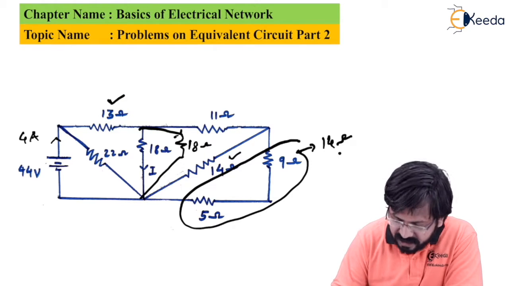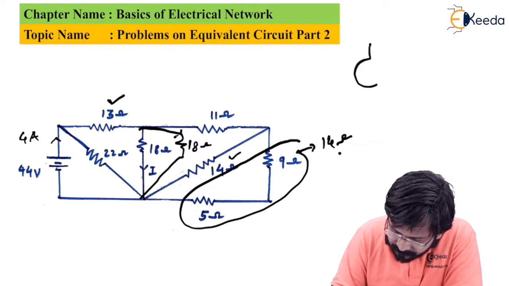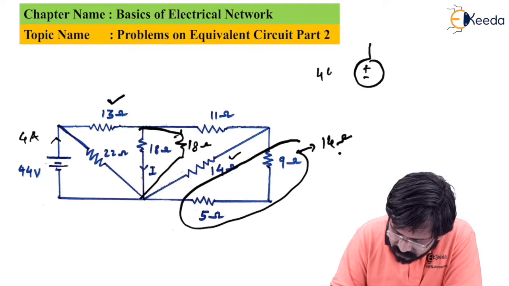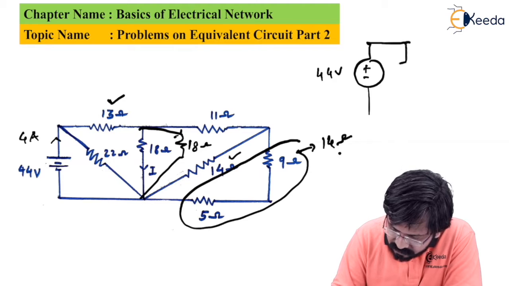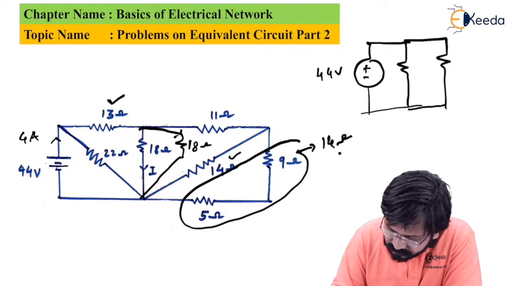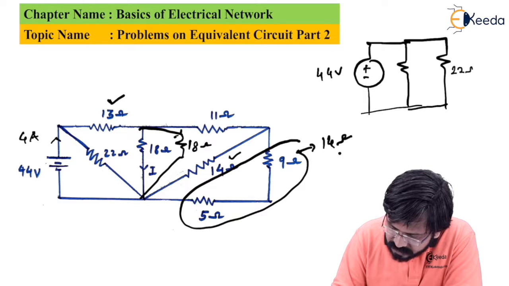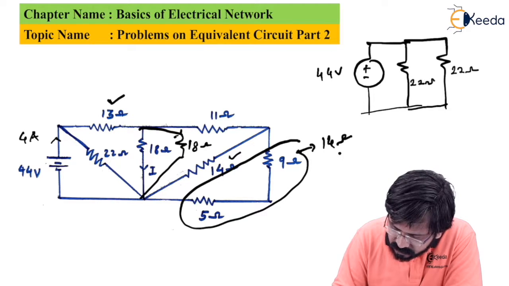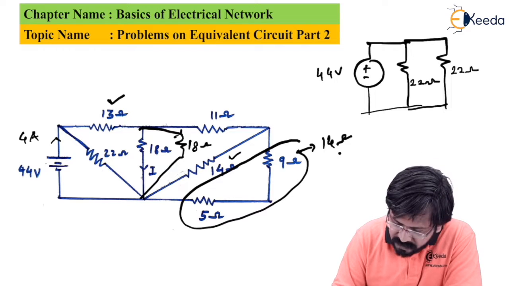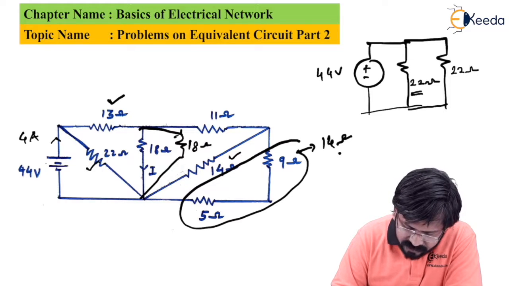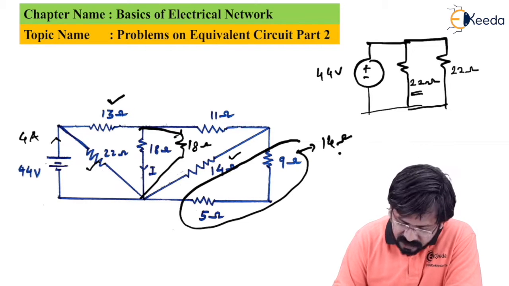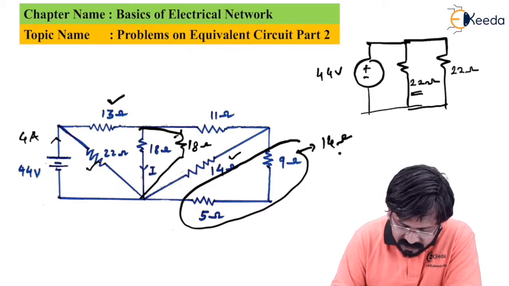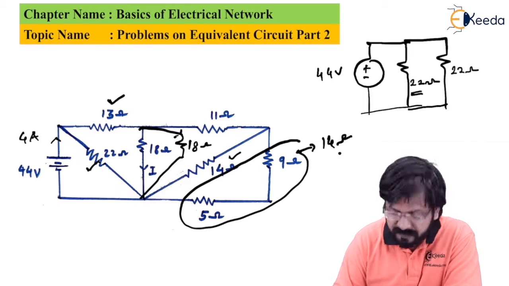Therefore, we'll have a circuit like this, 44 volt with this 22 ohms and this 22 ohms. The first 22 ohms has come from this, and the other 22 ohms is obtained after reducing the circuit which is other than this 22 ohms.